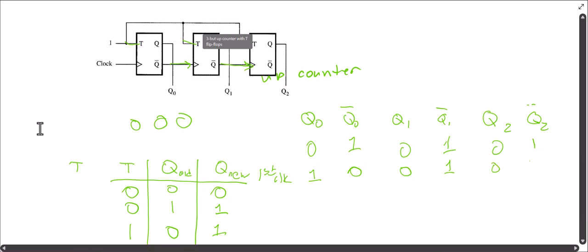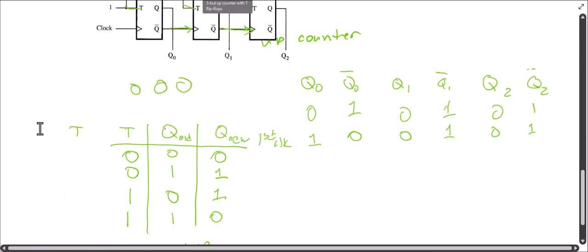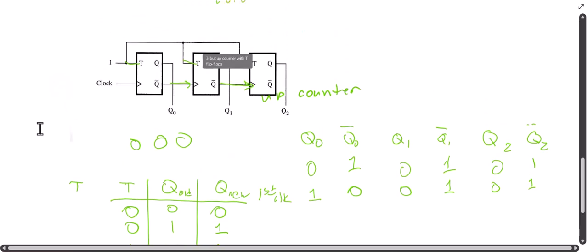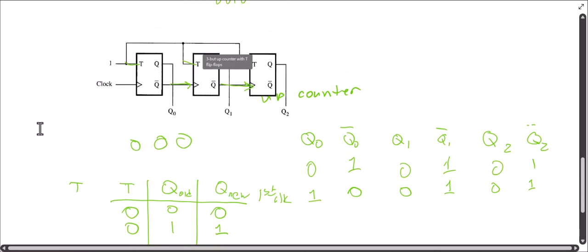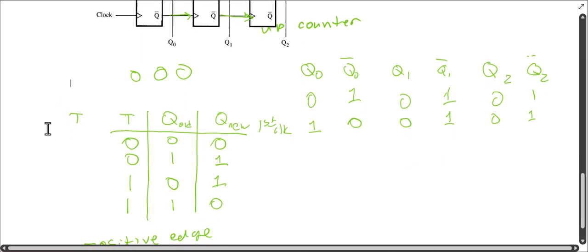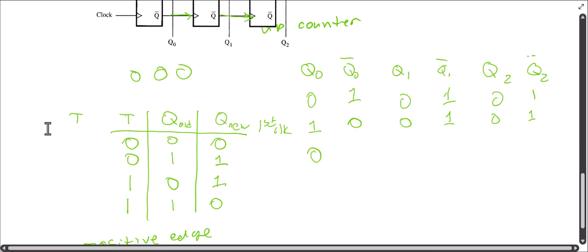It also doesn't change because its input is Q bar from Q1, and it did not go to a positive edge. So on our next clock positive edge, Q0 is always going to toggle on a positive edge because its input is 1 and its clock is the clock. So 0 will go to 1, 1 will go to 0, and Q0 bar will also toggle.